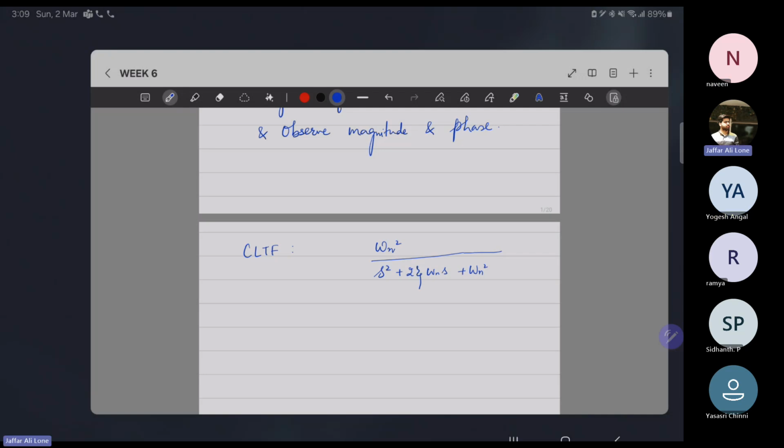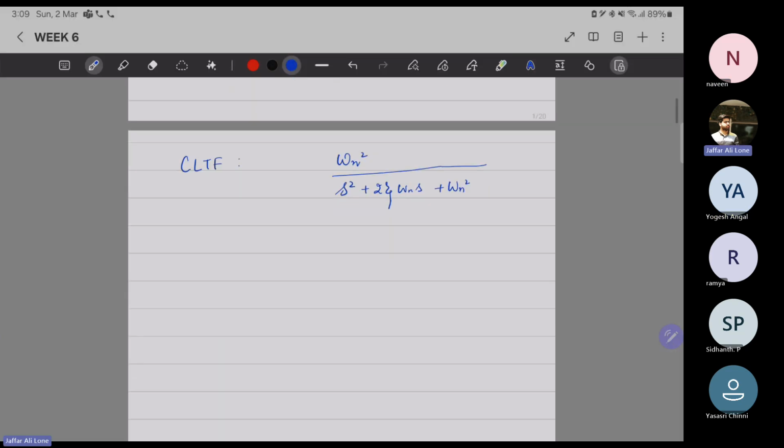Yeah, thank you. So this was my closed loop transfer function for a second order system. I'm focusing on second order systems because the questions in the assignment involve these systems, and first order systems are very easy to study. To do the frequency response analysis of this second order system, we take the Fourier transform.